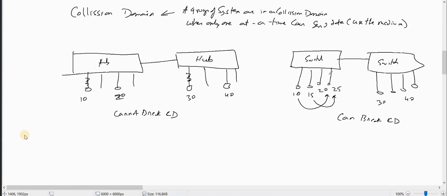There are ASICs used in switches which separate these collision domains. I cannot say no to that, and I think you are very close to what I am expecting. But still, can you elaborate on that?